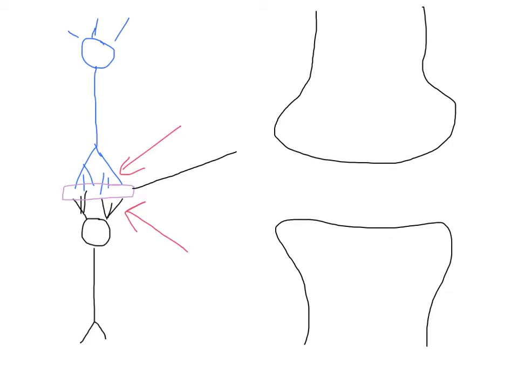Now this here at the top, this is an axon terminal. So we'll just label that axon terminal. And then there's this gap here that's forming this connection, and then this leads on to what essentially is a dendrite of another nerve.